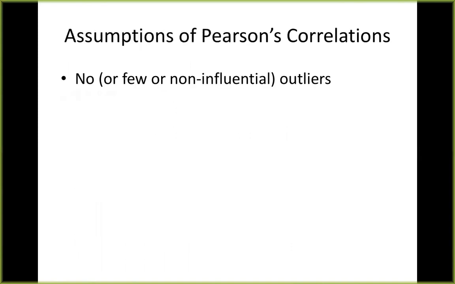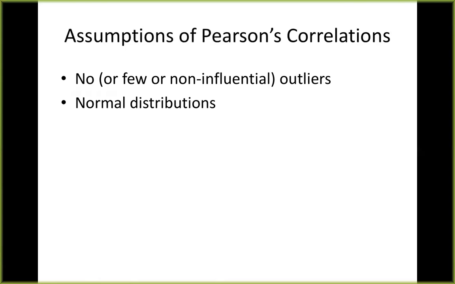So pretty similar assumptions as we've seen in other analyses. This is a bit of a new one in that we don't want a whole lot of outliers, or outliers that are potentially really influential. So outliers that are really far out there or really high and potentially having a huge influence on our data.